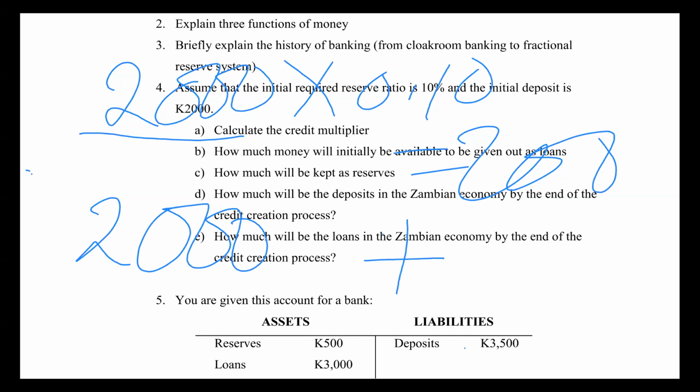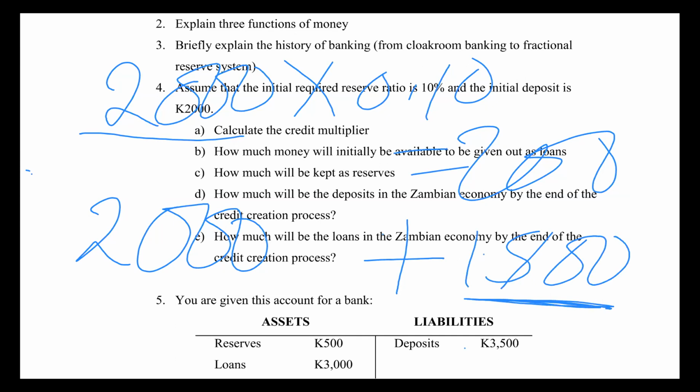Then how much will be the deposit in the Zambian economy by the end of the credit creation? The other deposit will be the 1,800 which they gave out as loans. They deposited it into those people's accounts, so it will be another deposit.